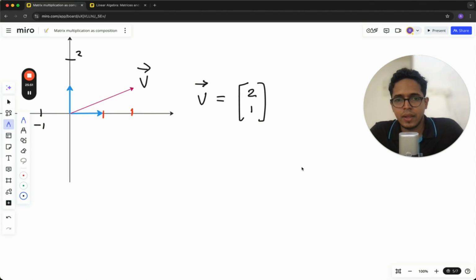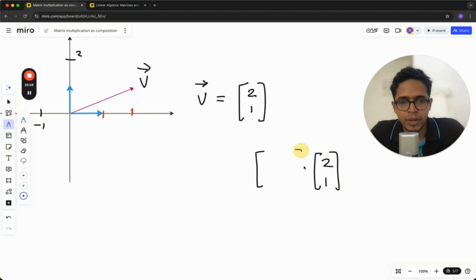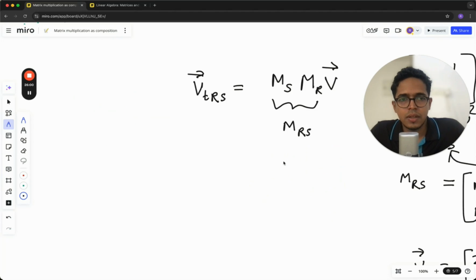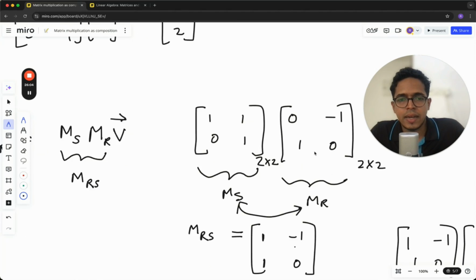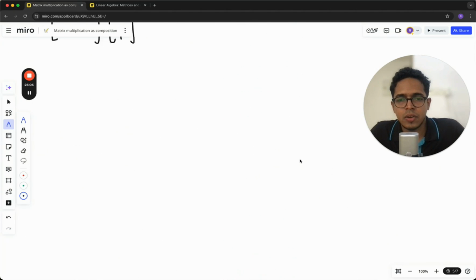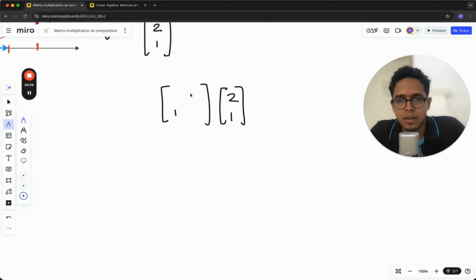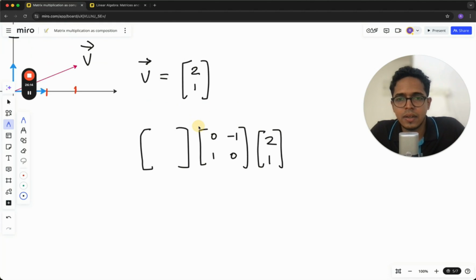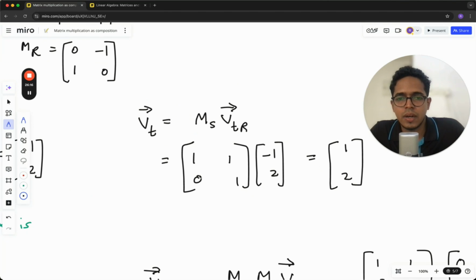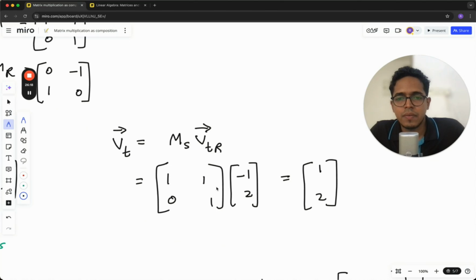If this vector v is being multiplied first by the matrix corresponding to rotation, which was 0, 0 along the diagonal and 1, minus 1 along the other diagonal, 1 minus 1, 0, 0, and then shear. So shear was 1, 1, 1, 1, 0, 1.